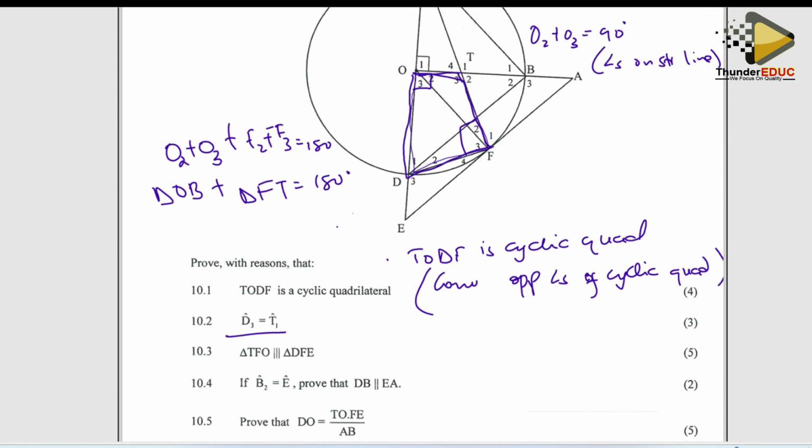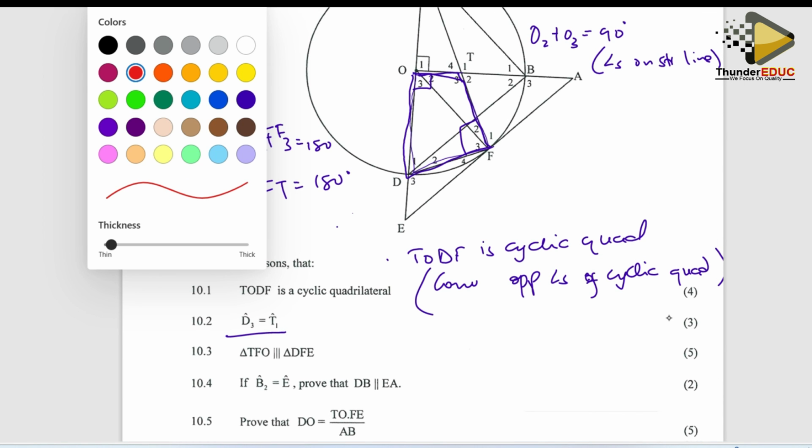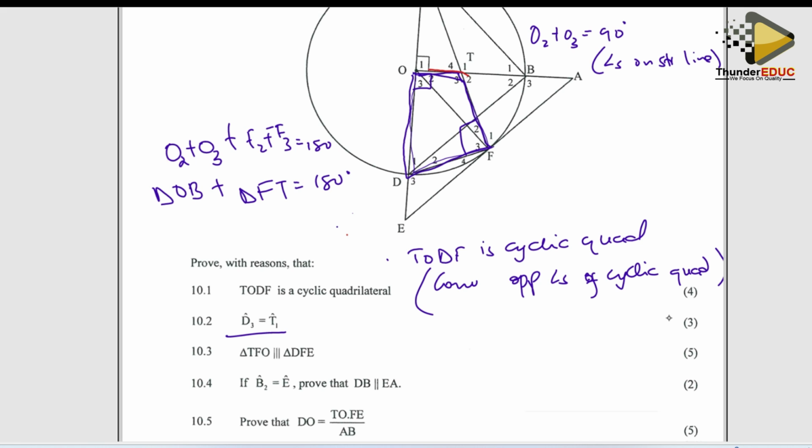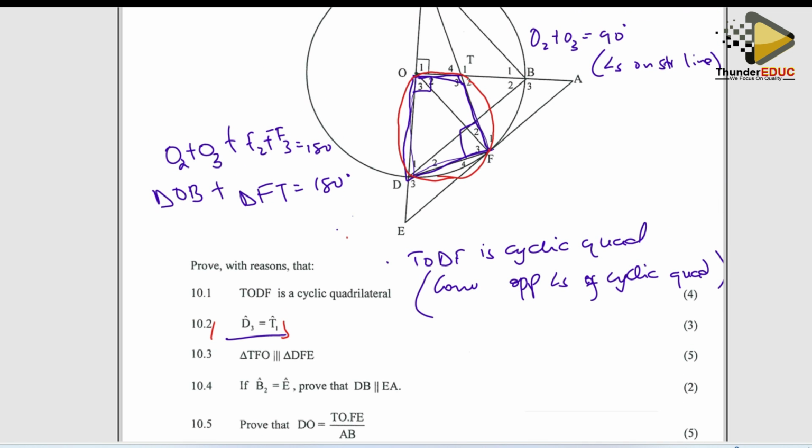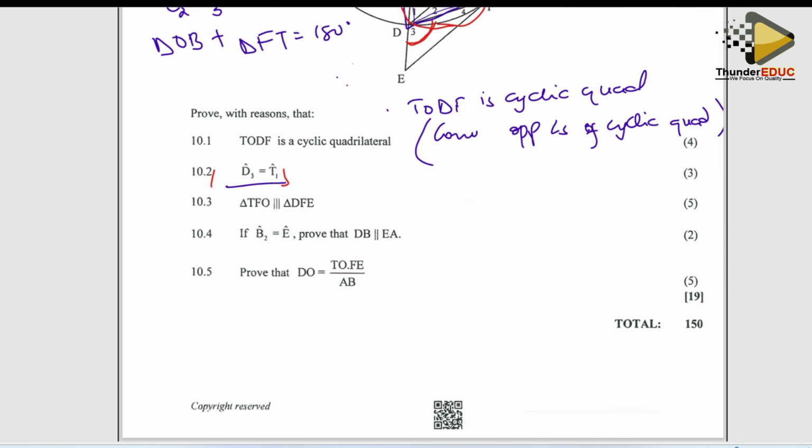Now we've proved that it's a cyclic quadrilateral, so I can try to draw some sort of circle there. If that is true, can we prove that D3 is the same as T1? Since it is a cyclic quadrilateral, D3 must be the same as T3.